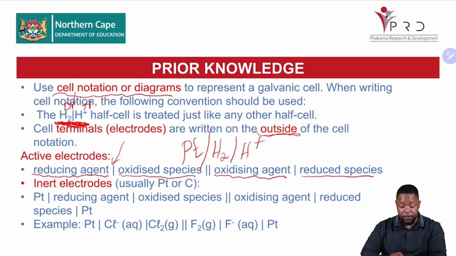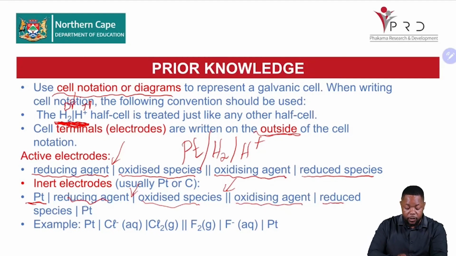In this example we will have platinum as the electrode for substances which are not metals, the reducing agent, the phase change, the oxidized species, and the salt bridge. The two lines indicate that there is a salt bridge, followed by the oxidizing agent, the reduced species, and then the electrode.